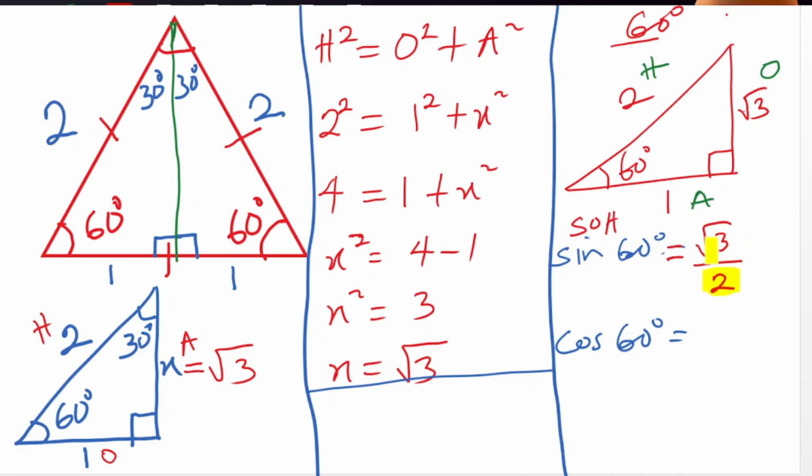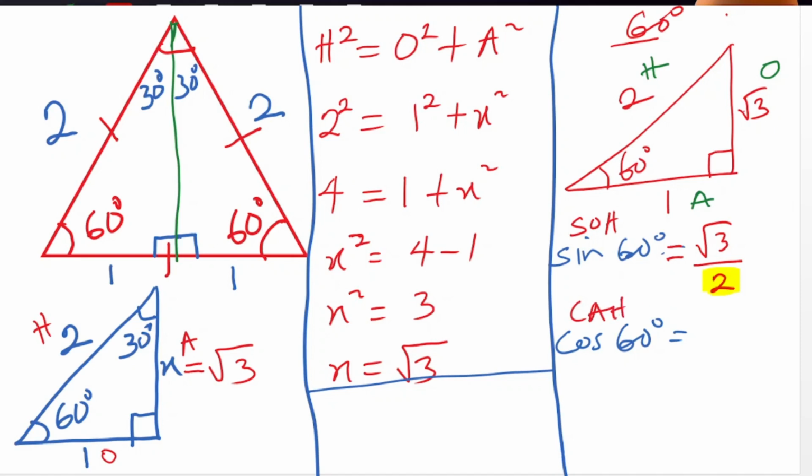I hope you understand the rational numbers we discussed. Check one of the videos; I think we've discussed that previously. So we are going to leave it like that. But when you have a surd at the denominator, you have to rationalize it in order to get the right answer. I hope that is very clear. Okay. Then cos, which is CAH.